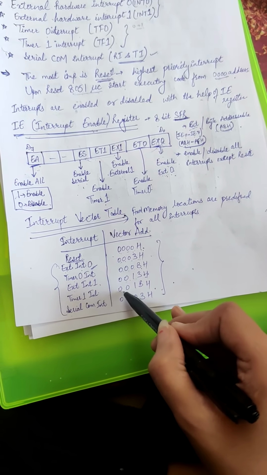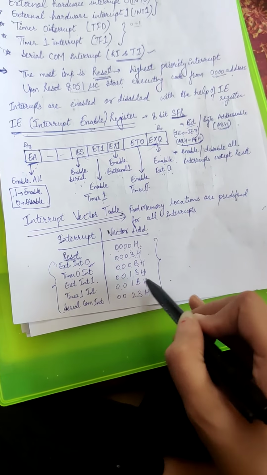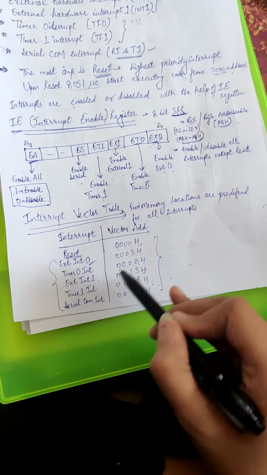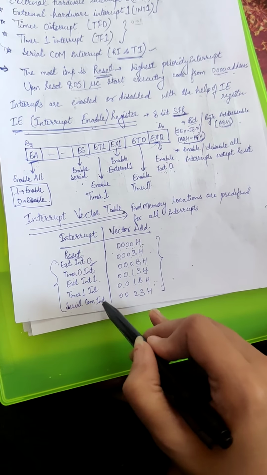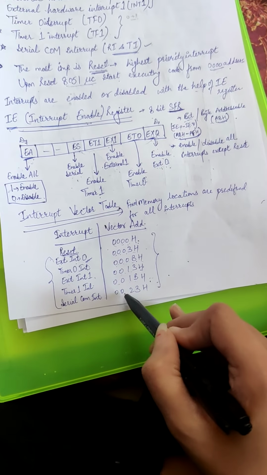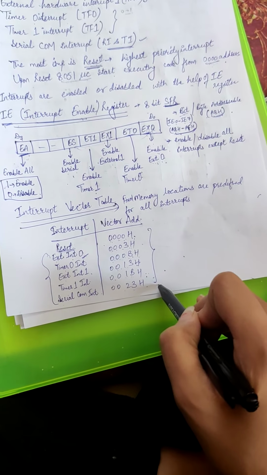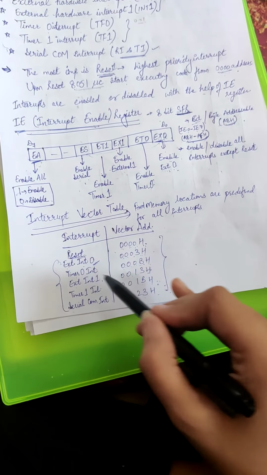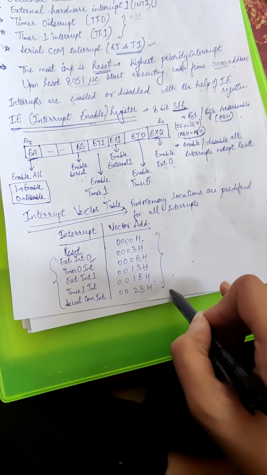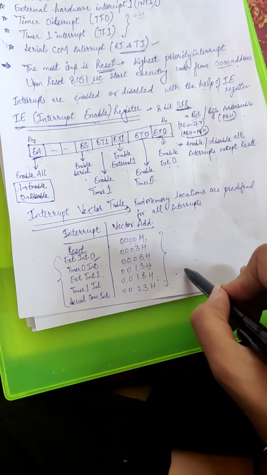Timer 0 is 000B. Timer 1 interrupt is 001B. And for the serial COM interrupt it is 0023H. H stands for hexa. So these are the interrupts and these are their addresses. So it is the interrupt vector table.